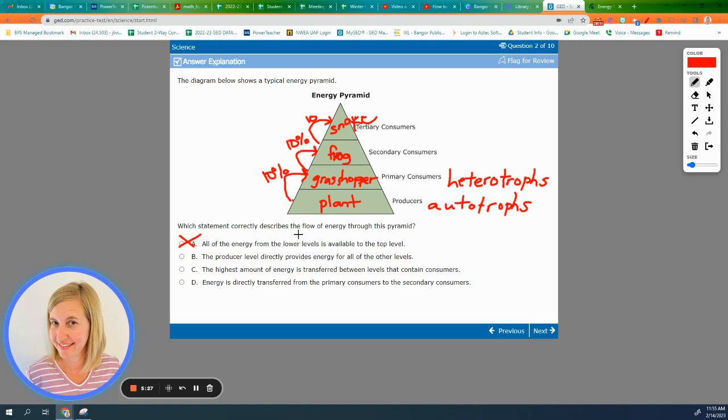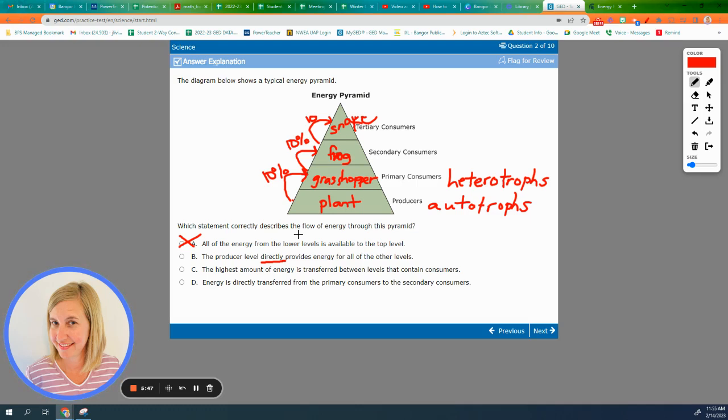B, the producer level directly provides energy for all of the other levels. The key word that we're looking at here is directly. Directly providing energy means from one level to the next level. So producers directly provide energy to primary consumers.